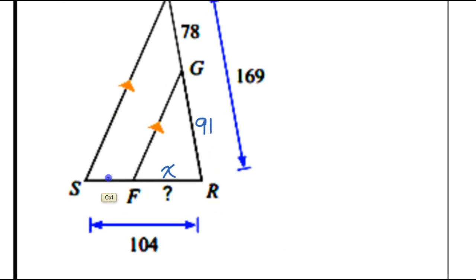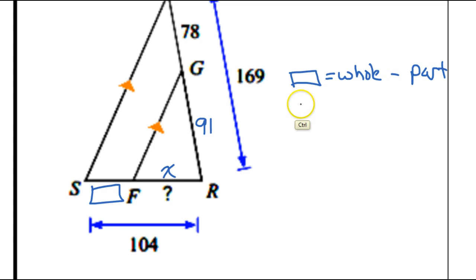Now I need an expression for SF. Again, the missing blank, like if I put a missing blank right here, it's always going to be the whole minus the part. So in this case, that's going to be 104 minus the part that we're given, we're calling it x.